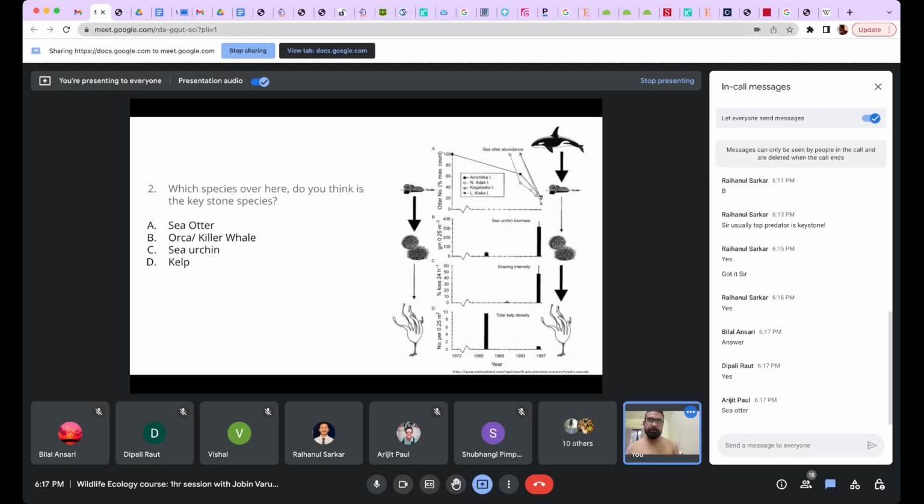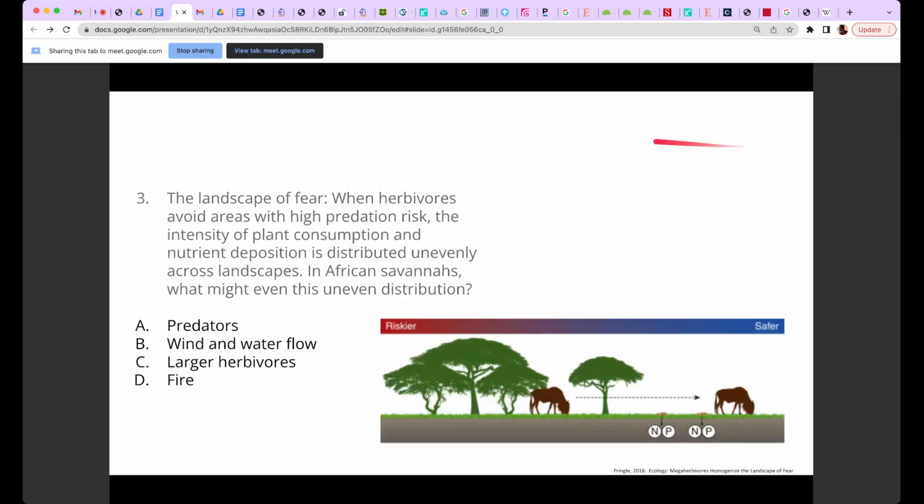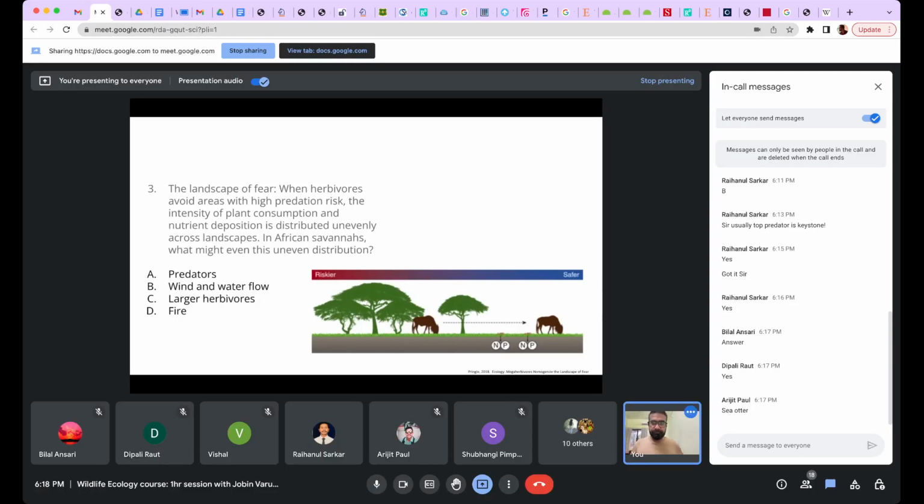So sea otters are the ones giving a top-down effect on the sea kelp, and orcas got introduced because of humans. Okay. So the next question is on your screen.